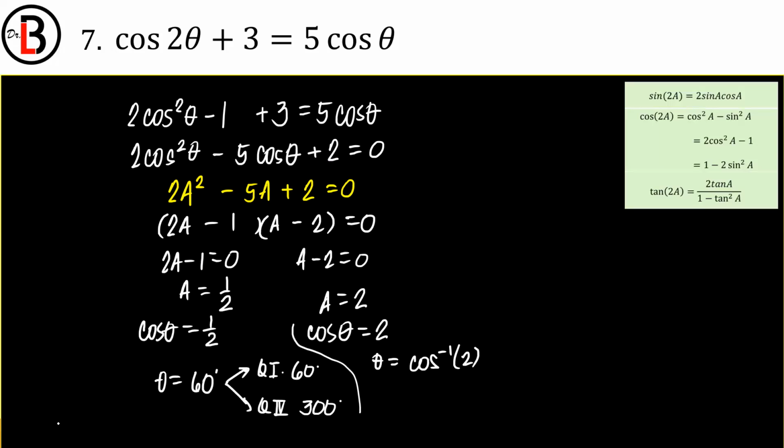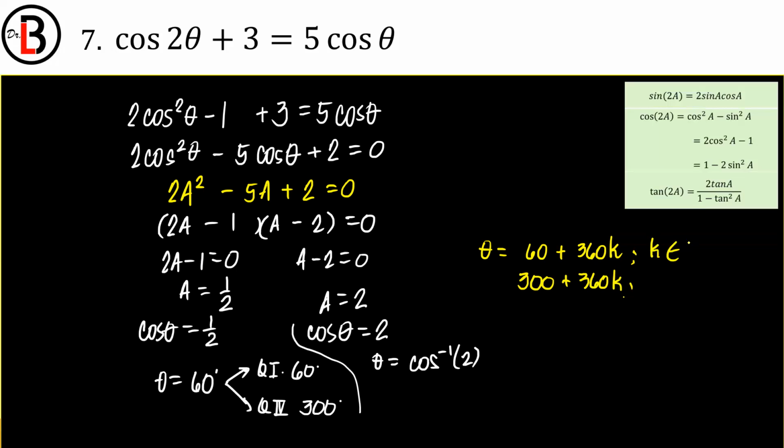So here, I can say that my answers are theta equal to, but it did not give us the domain, so I can say 60 plus any revolution, 60 plus all of its revolutions. And then the other one is 300 plus the revolutions.